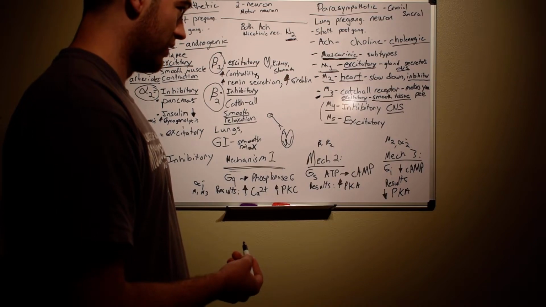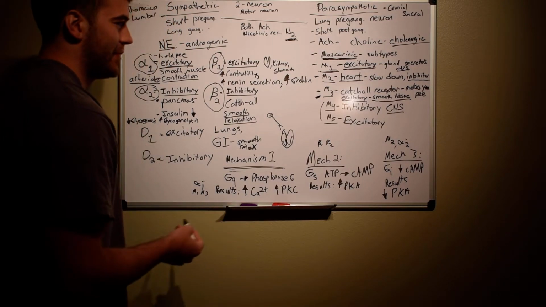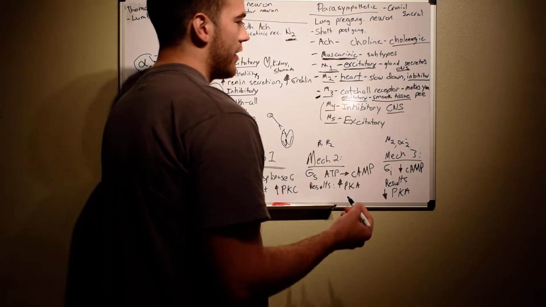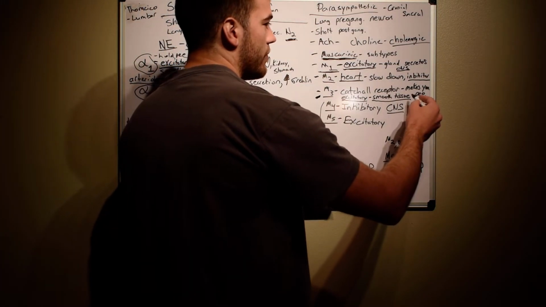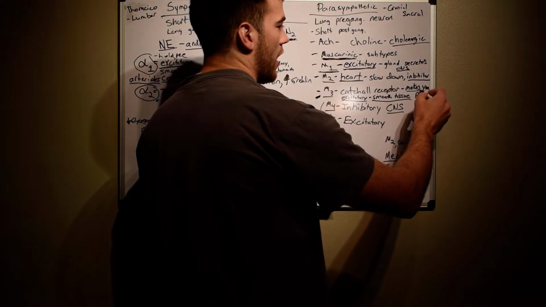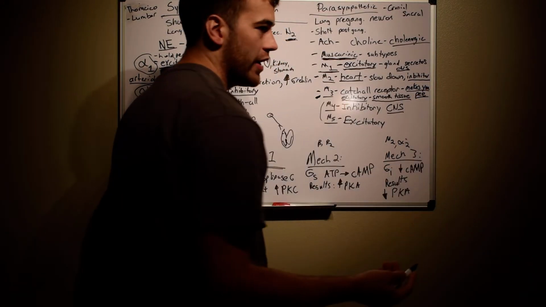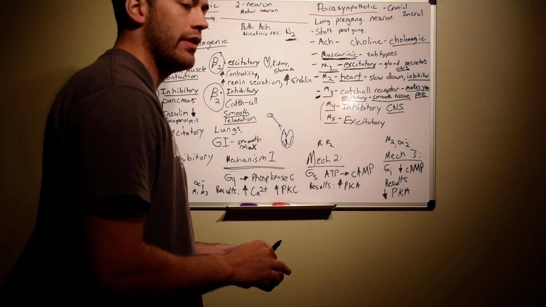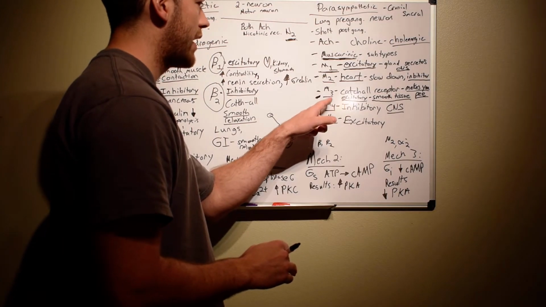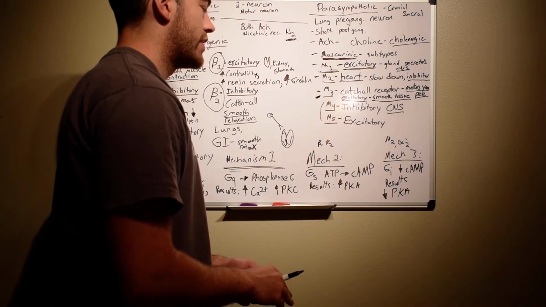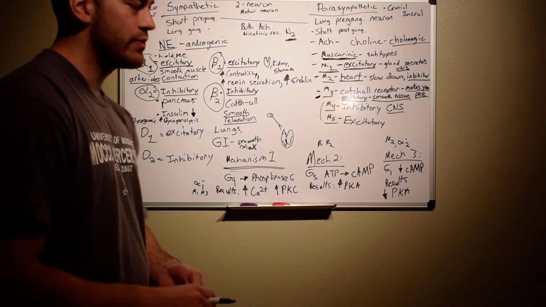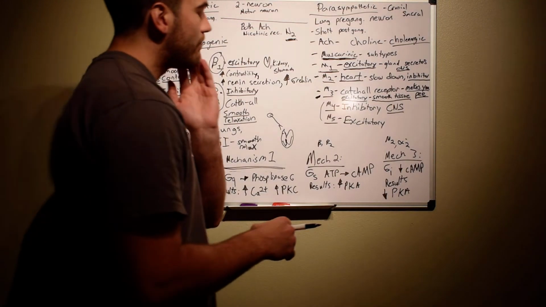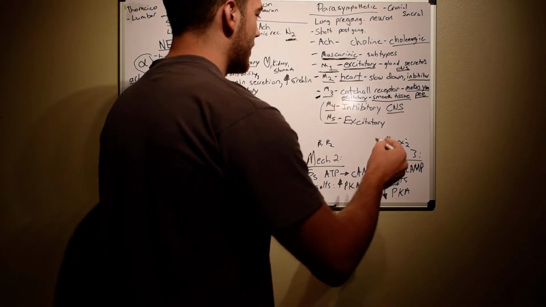I learned it in another class, but I did pick up on it when he said it: there are M3 receptors on the smooth muscle of your inner bladder, and the acetylcholine binding to the M3 receptor, which is specific for that smooth muscle, is going to relax it.